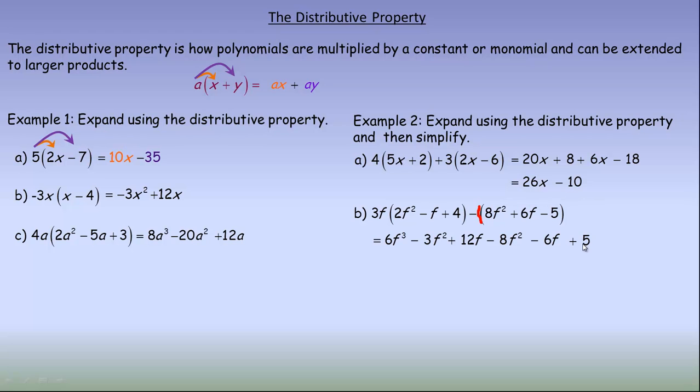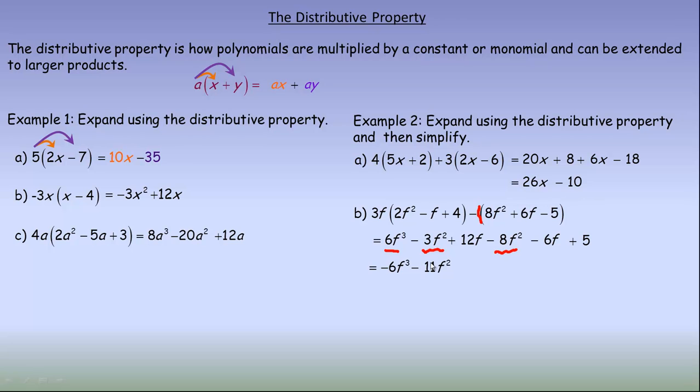And there are some like terms. Now, this 6f cubed is the only f cubed term, so we'll just write 6f cubed. But this f squared term and this f squared term are like terms, and so they would combine to give you negative 11f squared, so negative 3 and negative 8 is negative 11.